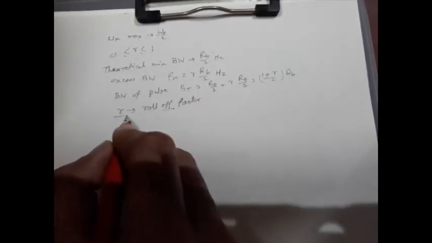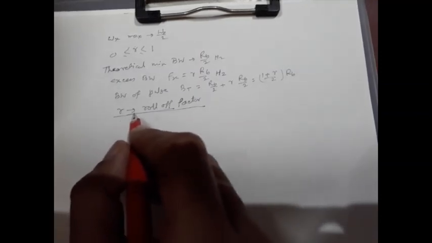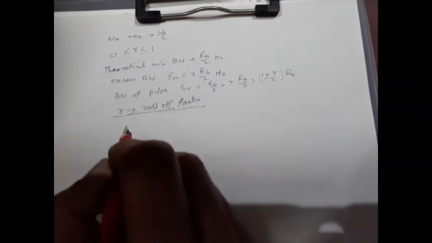So this r actually determines how fast the pulse will fall to 0.